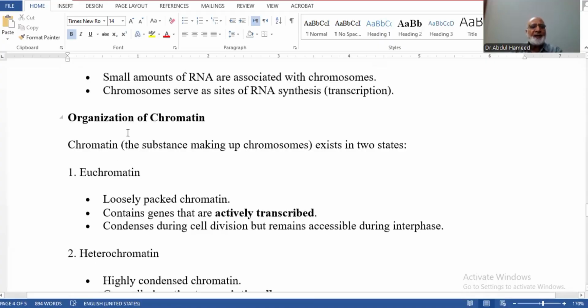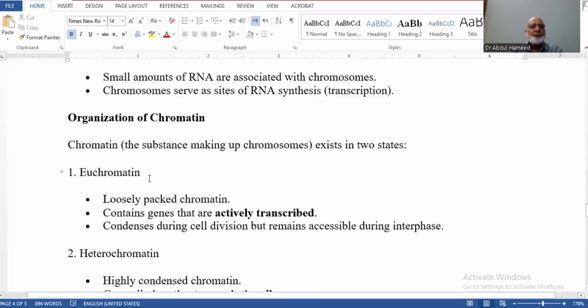So, organization of chromatin: the substances making up chromosomes exist in two states. Chromatin is a prior stage of the chromosome. When cells are not in the dividing phase, they have chromatin material, which is the uncondensed, uncoiled form of chromosome, actively involved in its function.